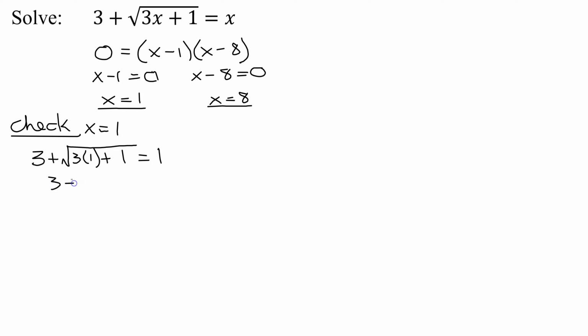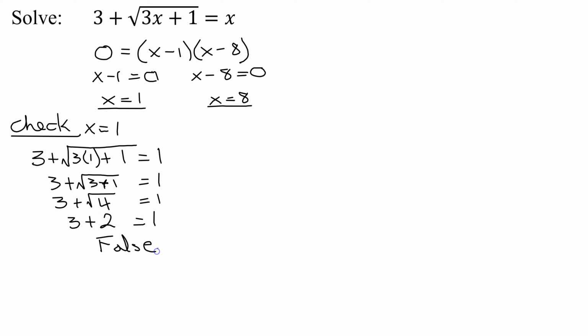So 3 plus the square root of 3 times 1 is 3, so it's 3 plus the square root of 4 should equal 1. Does 3 plus the square root of 4, which is 2, equal 1? That is definitely false. Therefore, x equals 1 is an extraneous solution.